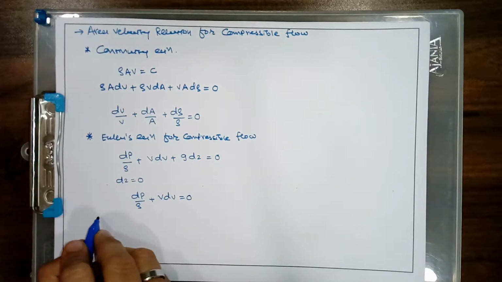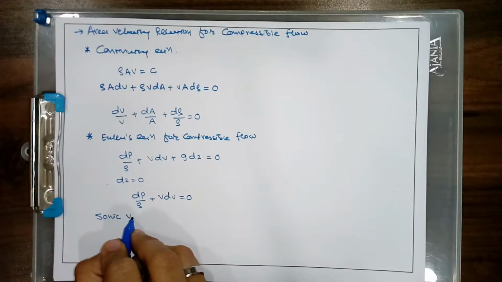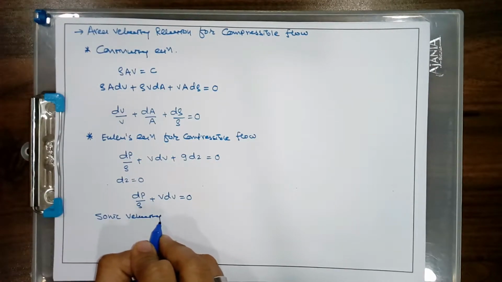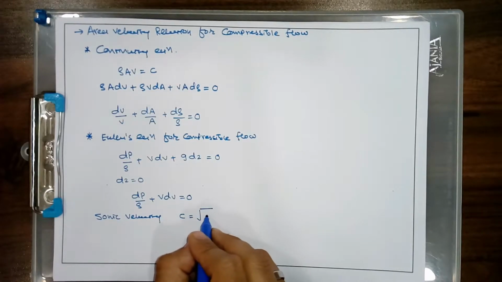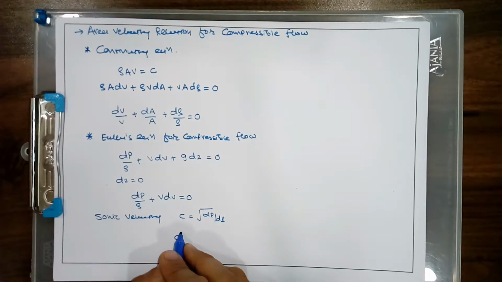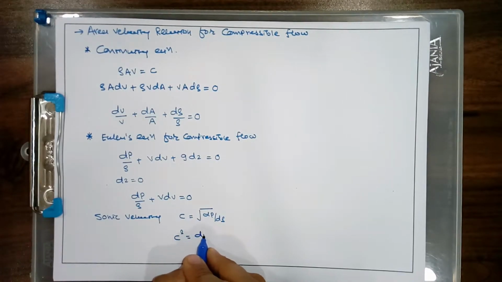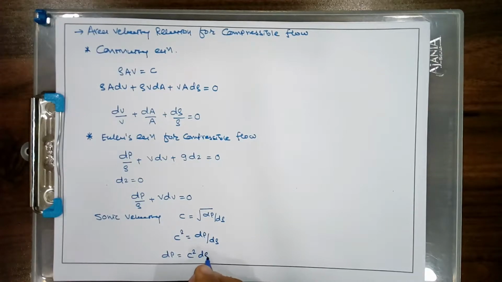We know the sonic velocity, or the velocity of sound, is c equals the square root of dp by d rho, or we can write c square equals dp by d rho. Making dp the subject, we get c square d rho.